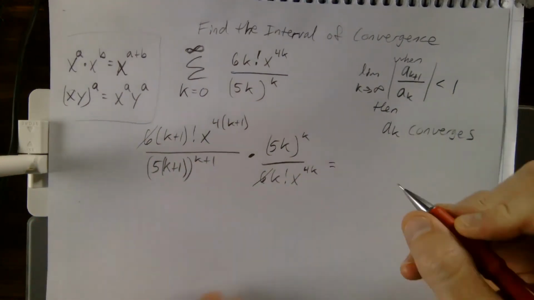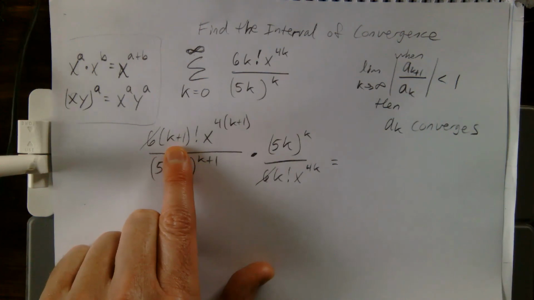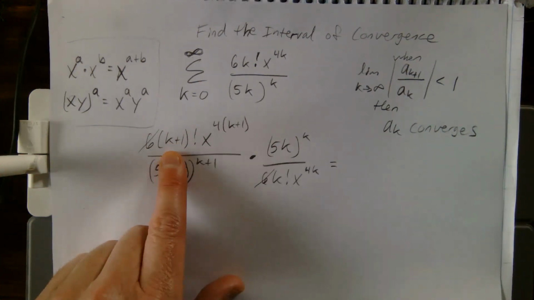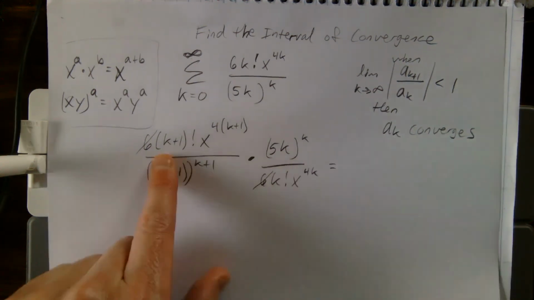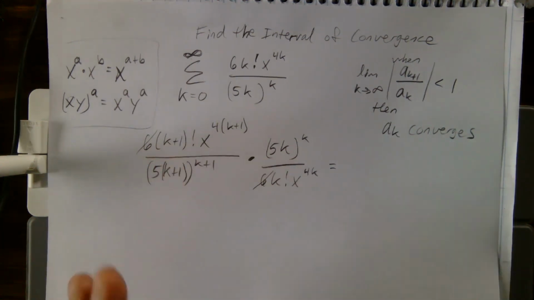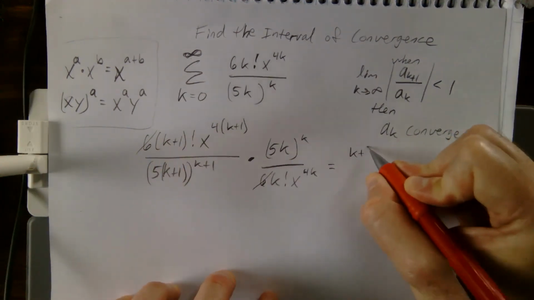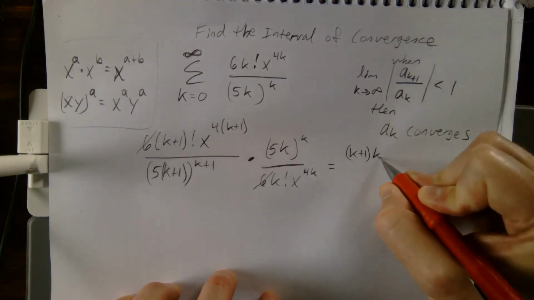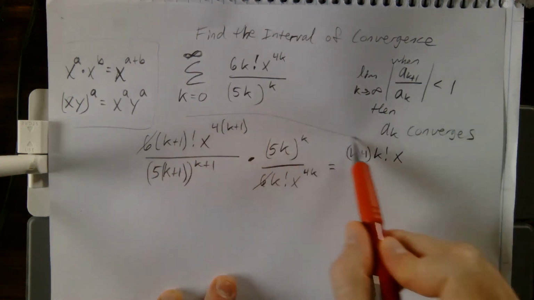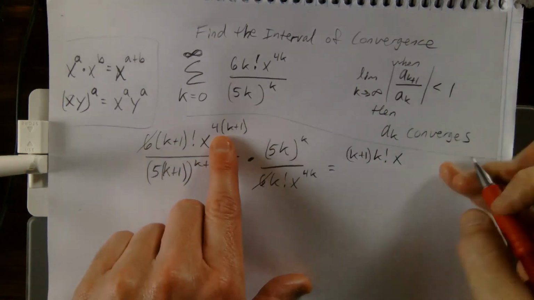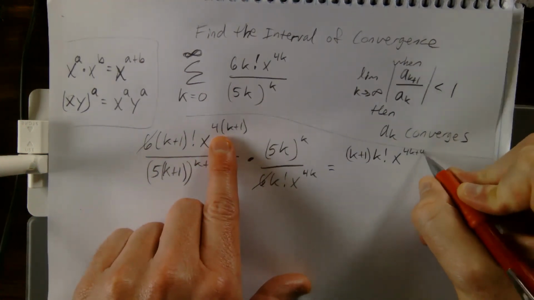So let's simplify this. Also, properties of factorials. This is one index higher than this, k plus 1. One number higher, so we'll just step that down by 1. So it's k plus 1 times k factorial. Now the property of exponents that we want to use, 4k plus 4.